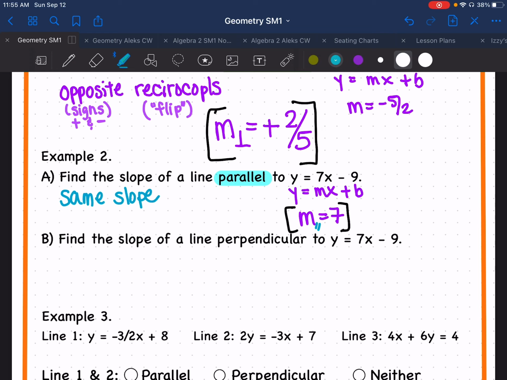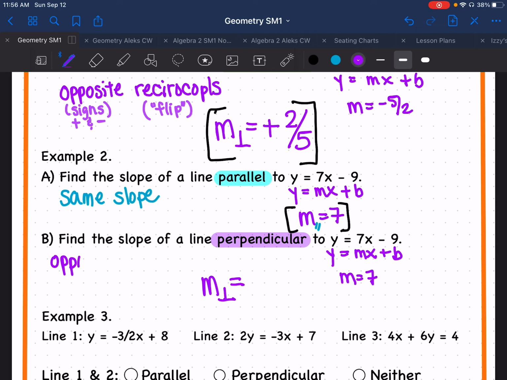All right, find the slope of a line perpendicular to y equals 7x minus 9. So once again, my slope is 7, but if I'm going to find my perpendicular slope, I have to do the opposite. So let's change the sign.